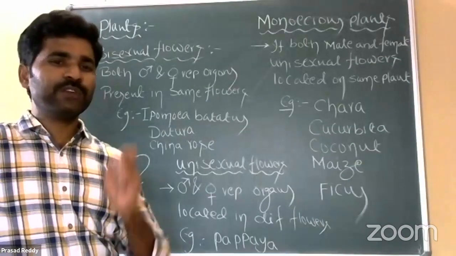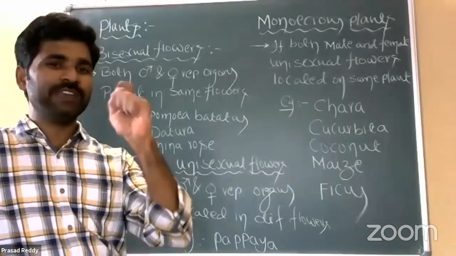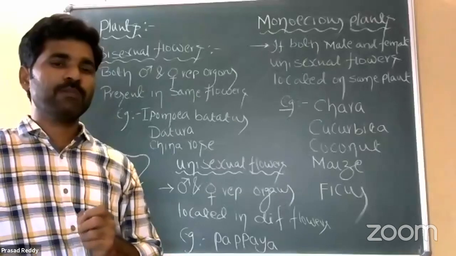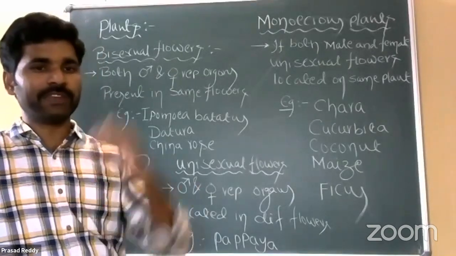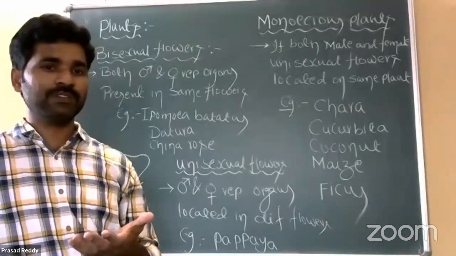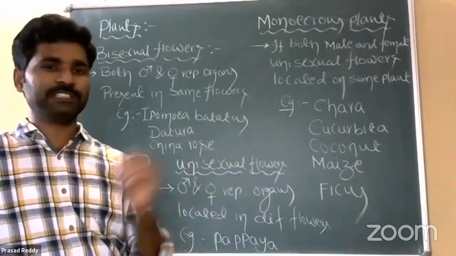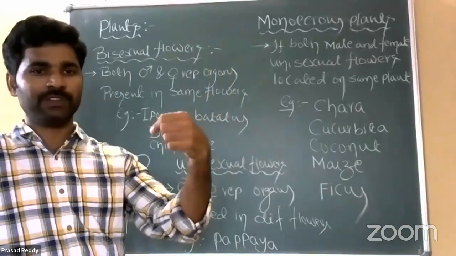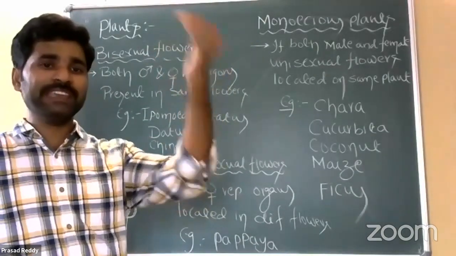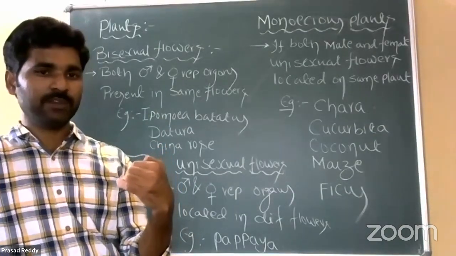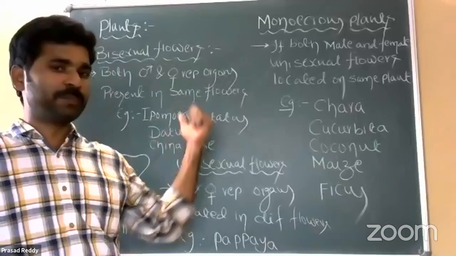In some fig fruits, a special kind of insect can survive: Blastophaga. Blastophaga insects enter inside the fig fruits. What is the purpose? They enter for laying eggs. But what is the use of those insects to the plant?